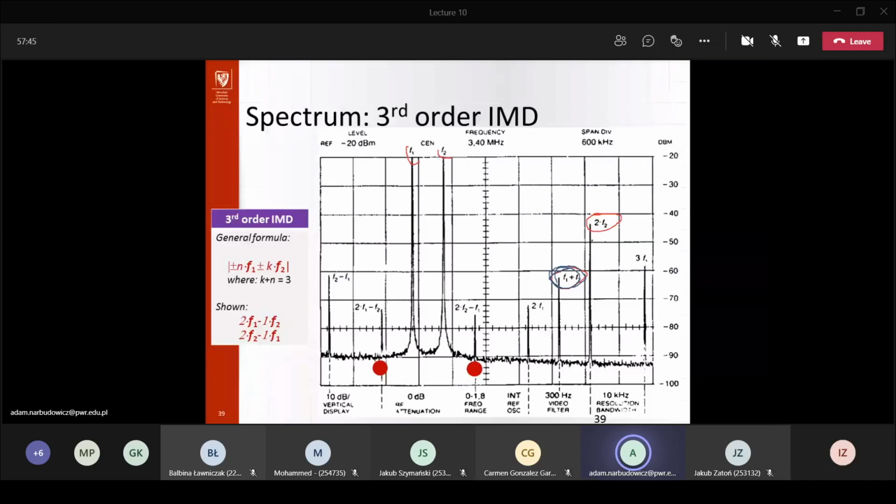So we got the second order harmonic, F1 plus F2. Well, it is not nice because you can imagine that it might disrupt your neighbor or some other signal. So it is a problem, but if you think about it, it's not necessarily a big problem.